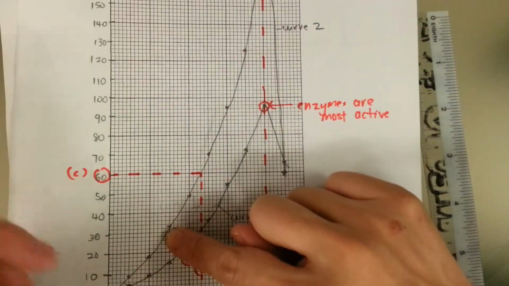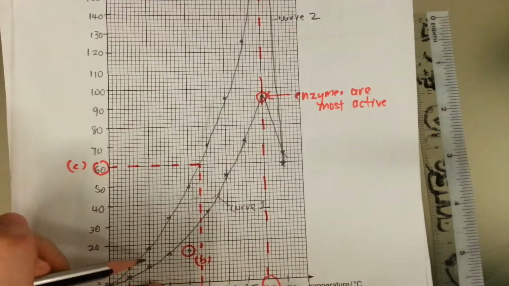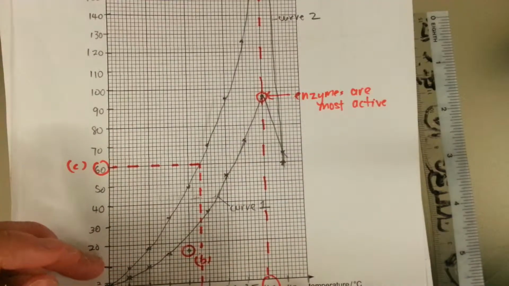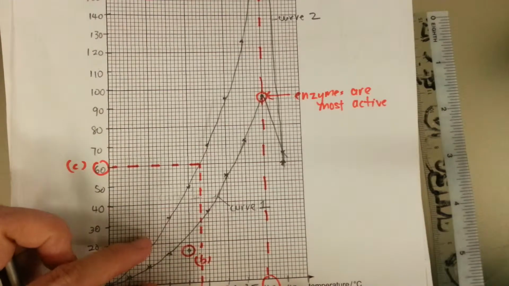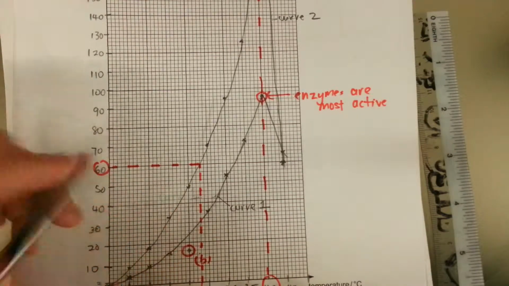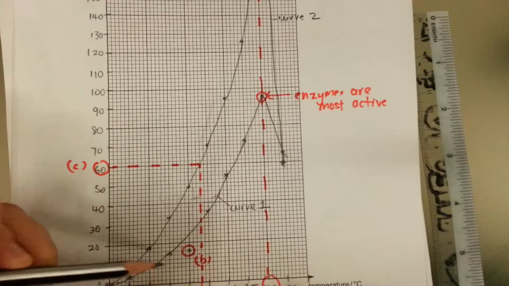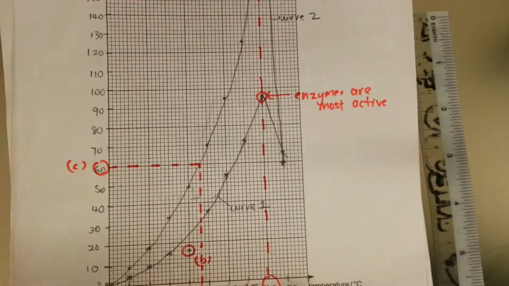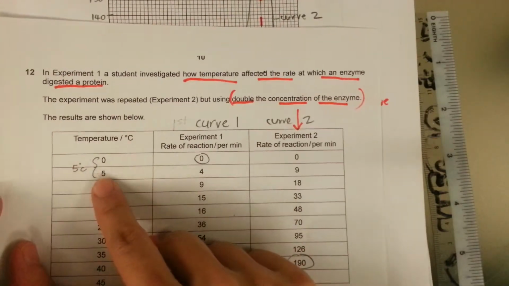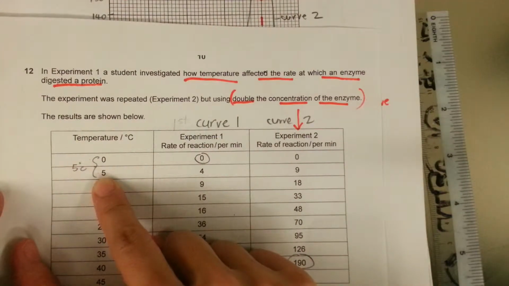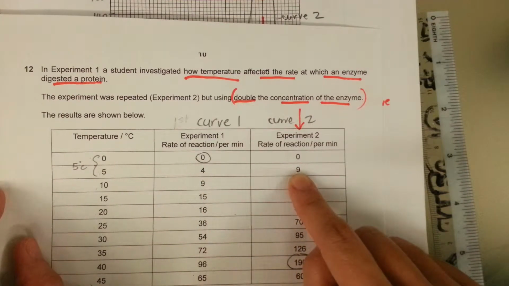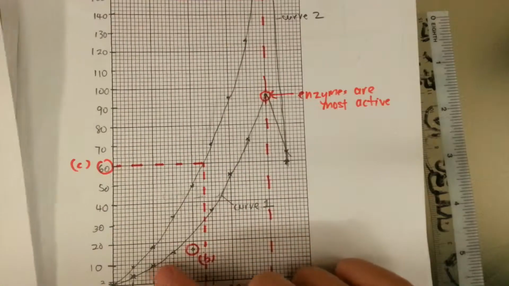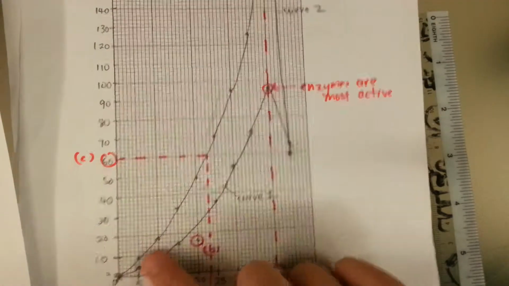Now, look at the rate of reaction and compare. How much has it increased with the same temperature? What you can do is also refer to the points. For example, at 5 degrees Celsius, instead of 4 reactions per minute, it has increased to 9 reactions per minute, from here to here.